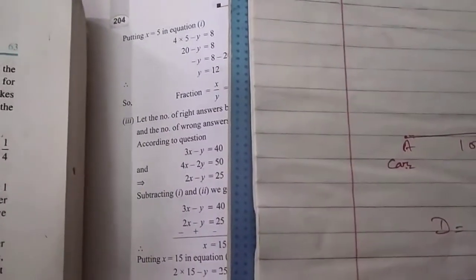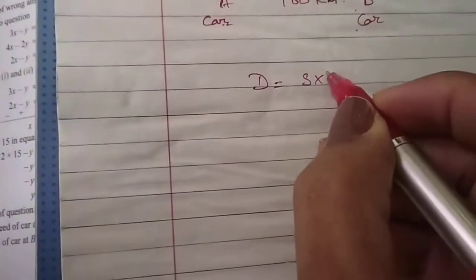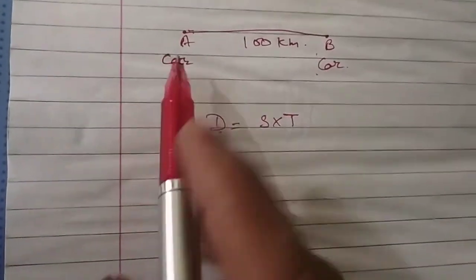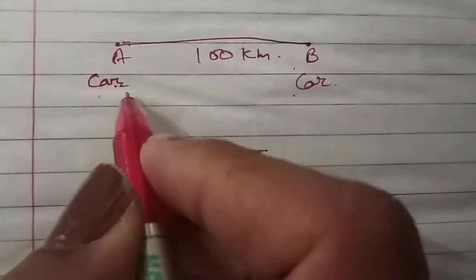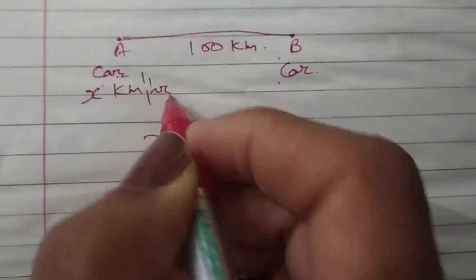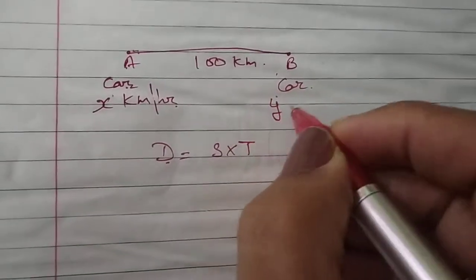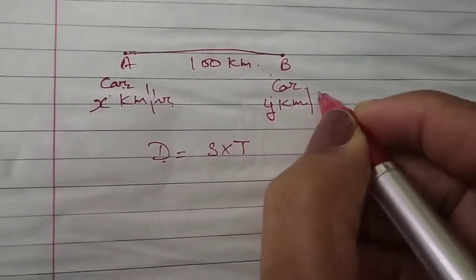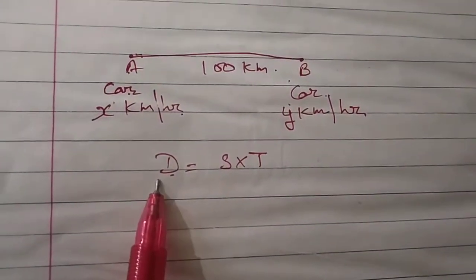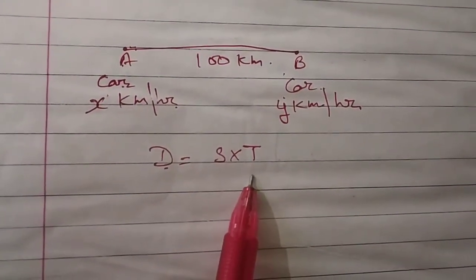Do we know what the distance is? Distance is equal to speed into time. So if we suppose the car standing at place A, we can say that the speed of this car is x km/h. And we can suppose the speed of car B as y km/h. So the distance is equal to speed into time.